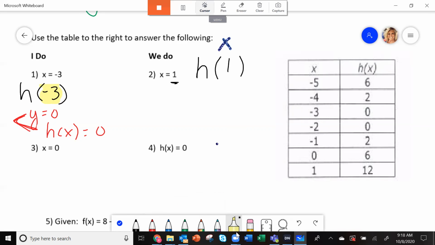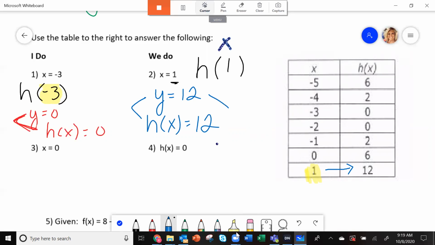Here's my x number of 1. What's my y value? My y value is 12. y equals 12. Another way of writing it is h of x equals 12. Again, these two things mean the same thing.